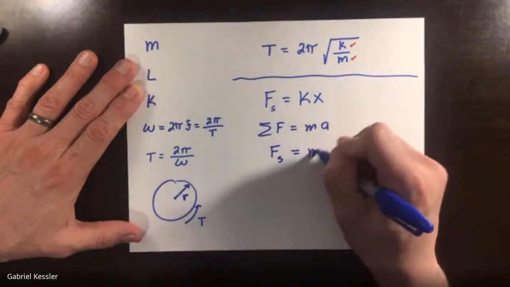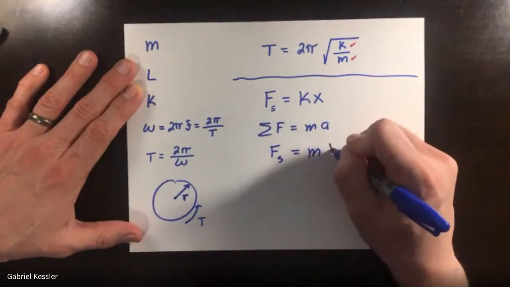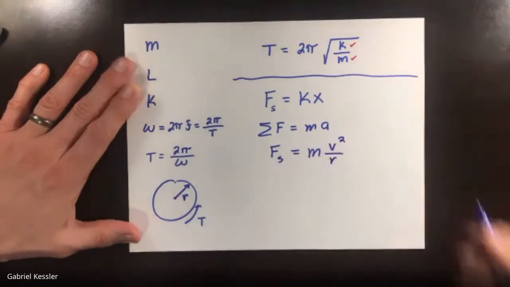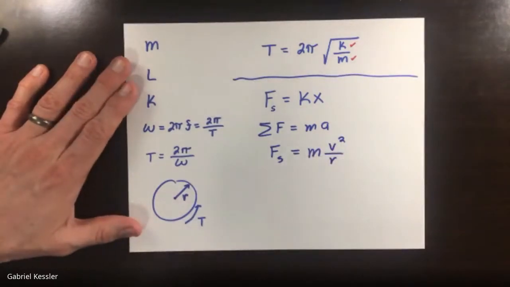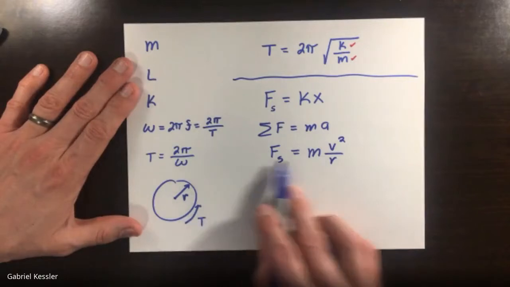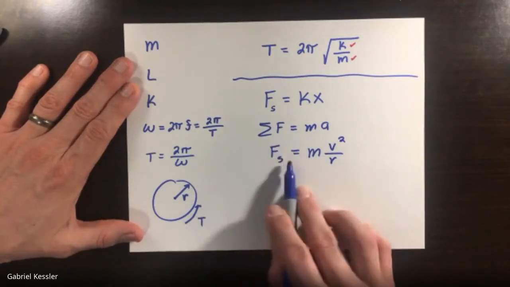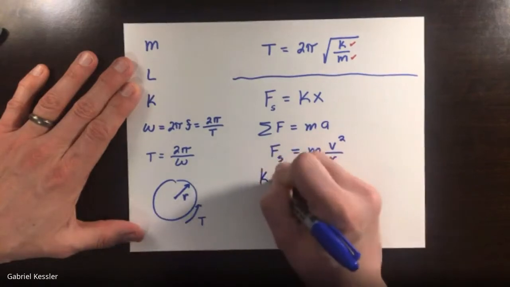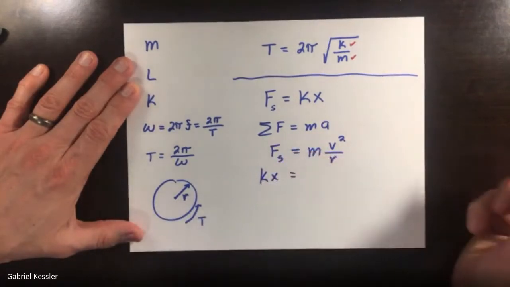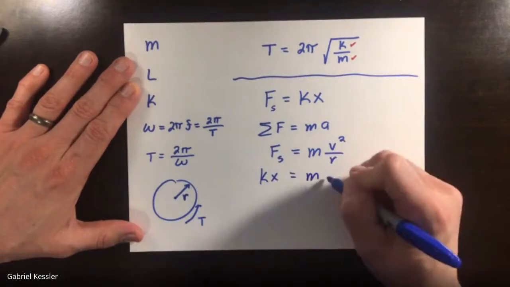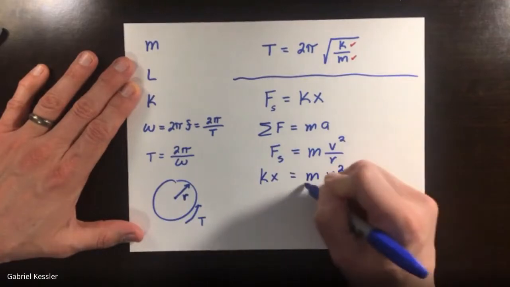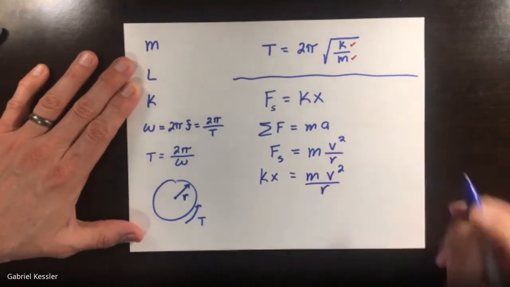That equals mass times centripetal acceleration, which is speed squared over radius. So the spring force, kx, equals mass times the speed squared over the radius.